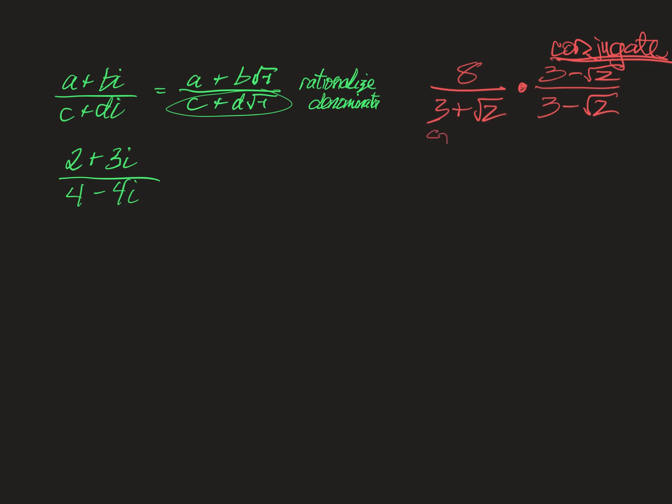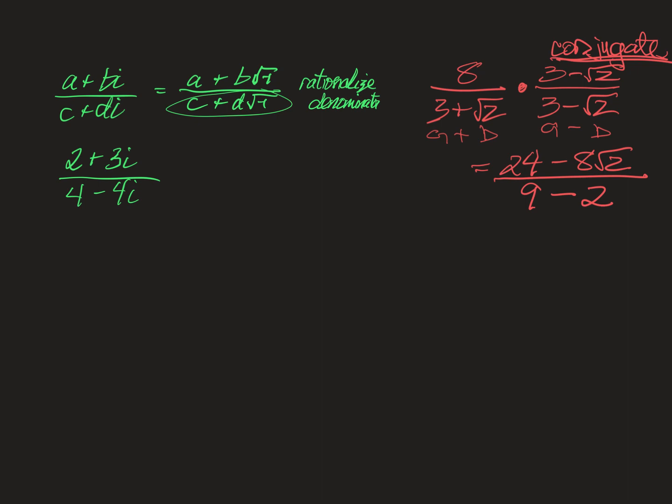So this is a plus b times a minus b in the denominator. So the numerator would become 24 minus 8 square root of 2, but the denominator would become a squared minus b squared. So 9 minus 2.